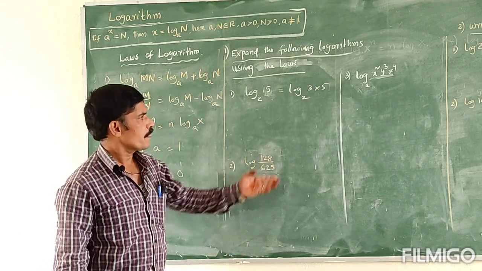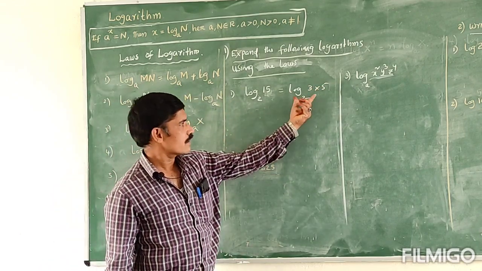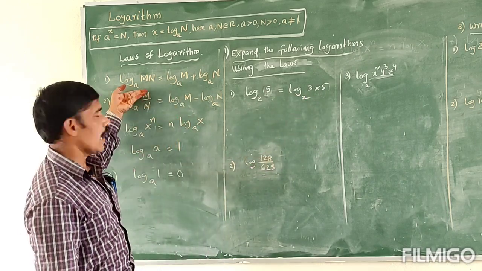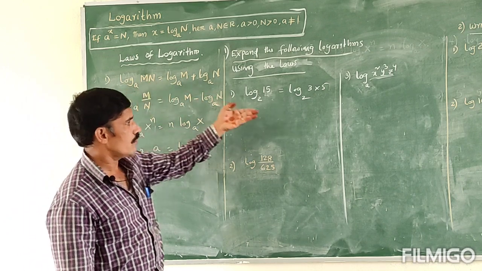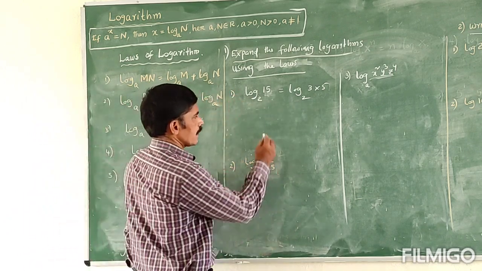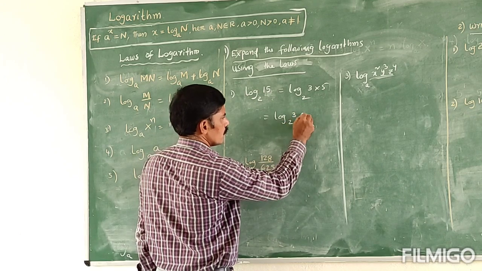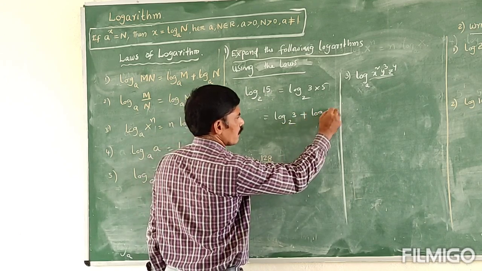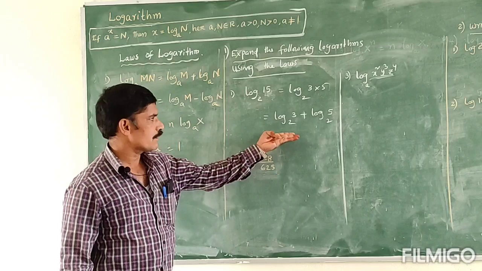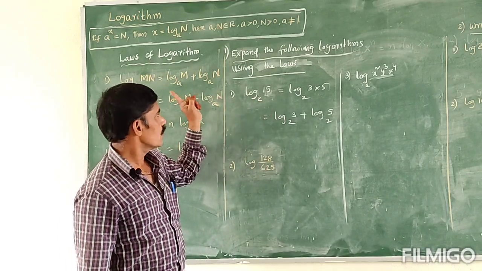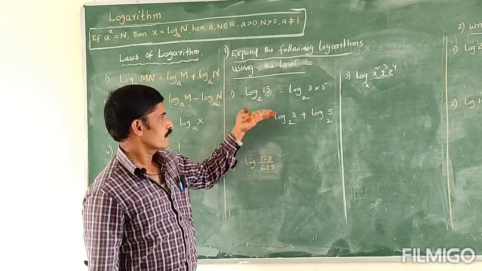Now you observe, this log 3 into 5 to the base 2 is in the form of logarithm of mn to the base a. So, using this formula, you can rewrite it as logarithm of 3 to the base 2 plus logarithm of 5 to the base 2. This is nothing but the expansion of this logarithm. Here, using the first law, we expanded like this.